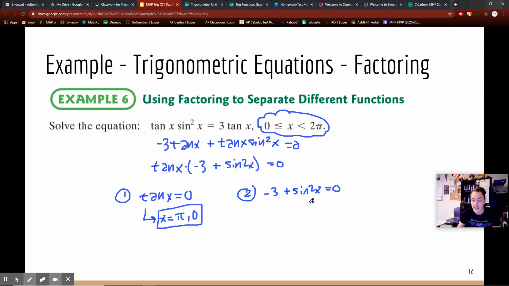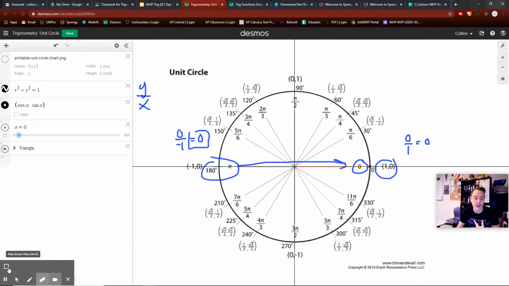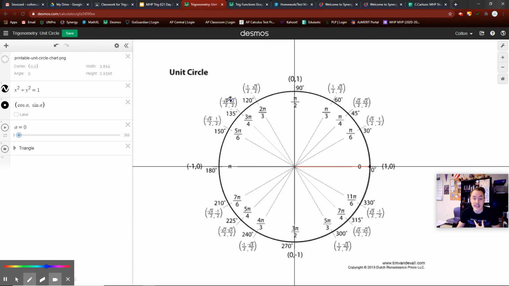And now when I go over here, I can add the 3 over. So plus 3. And now I want to square root. And so sine of x equals plus or minus radical 3. Now watch. Is there anything on the trig table of common angles or the unit circle where it will give me positive or negative radical 3? Now for tangent, yes, but sine is my y-coordinate. I can easily look on my y-coordinates and see if there's any radical 3 here.